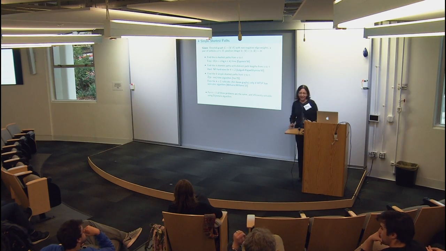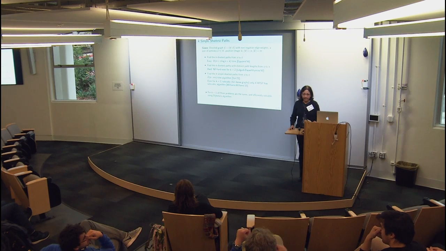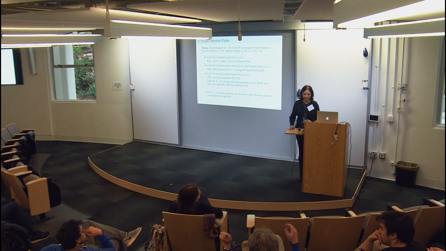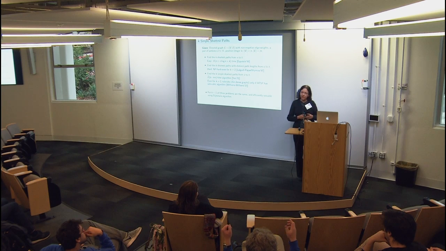Yes. Oh, okay. The algorithm for k equals 2 would be to find the shortest path and then delete every edge, and find the shortest path in the remaining graph. That is certainly one algorithm to do it, and that's basically been the technique in the past.